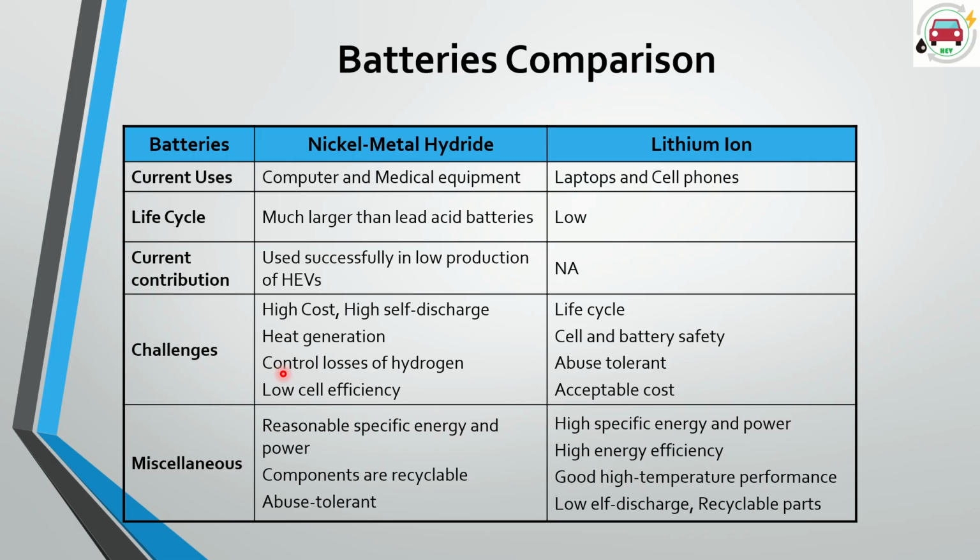If we lose control over the hydrogen, it is very explosive and dangerous for our lives, and it also has a low cell efficiency. That is also one of the challenges.